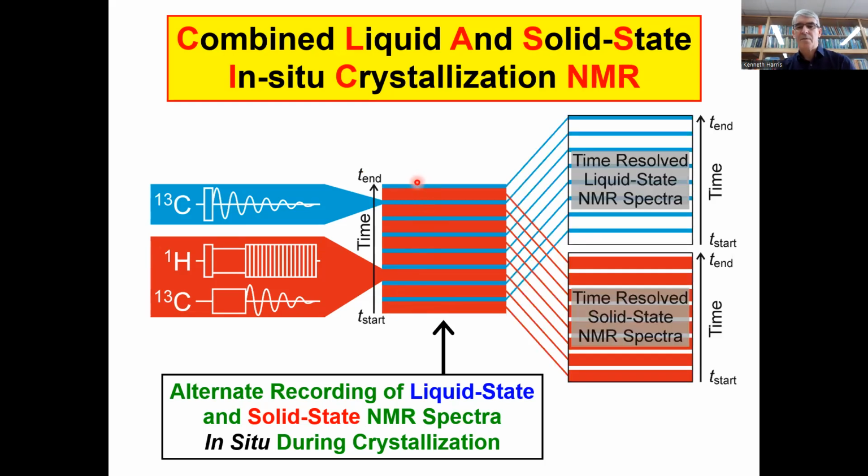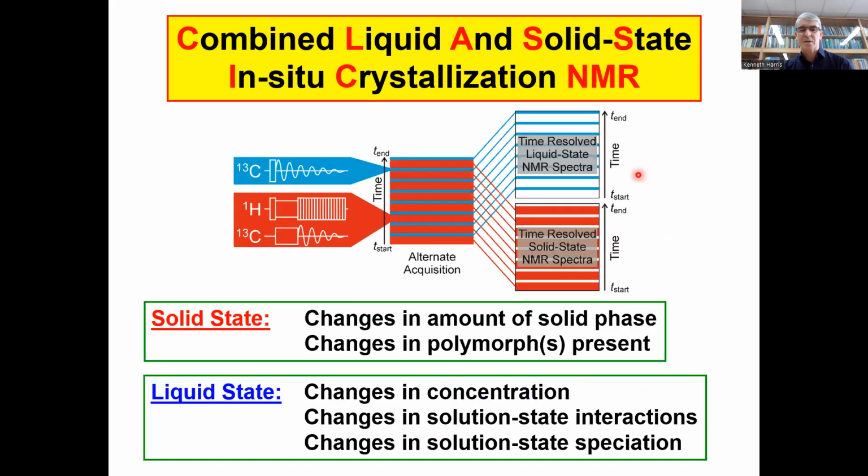And then at the end of the experiment, we separate these into a time resolved set of solid state NMR spectra and a time resolved set of liquid state NMR spectra, telling us selectively about the evolution of the solid phase and the evolution of the liquid phase during the same crystallization experiment.